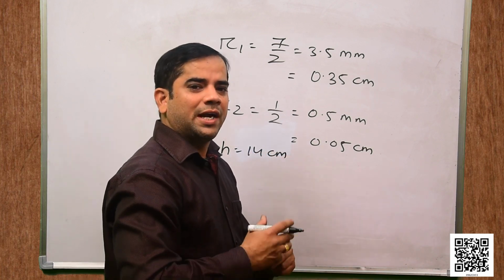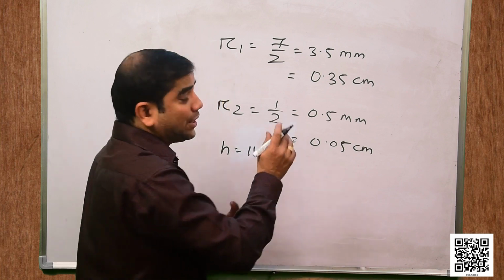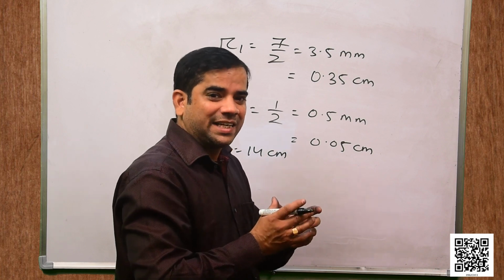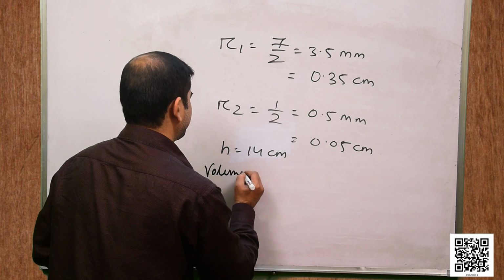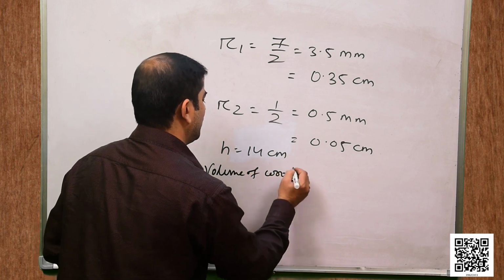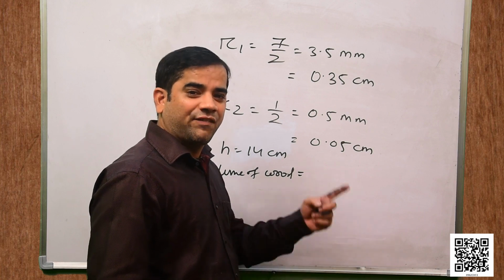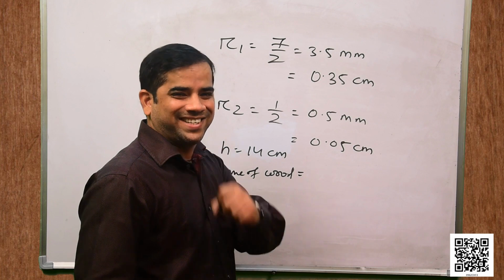Fine. So, let us find the volume of the wood in the pencil. So, we need to subtract the volume of graphite that is inside the pencil. So, volume of wood is equal to volume of pencil minus volume of graphite.